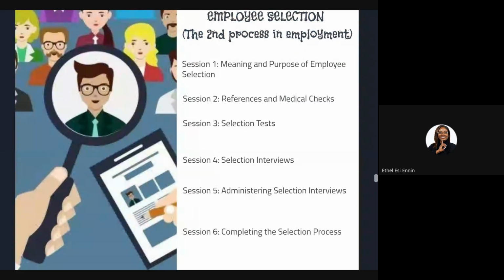So we can go out there and then educate our colleagues, our friends. If you are putting any referee there, please be mindful. Don't just put it there because you just want to put it there, or because the person is my relative or something. But be mindful, any serious-minded employer would definitely do a background check.